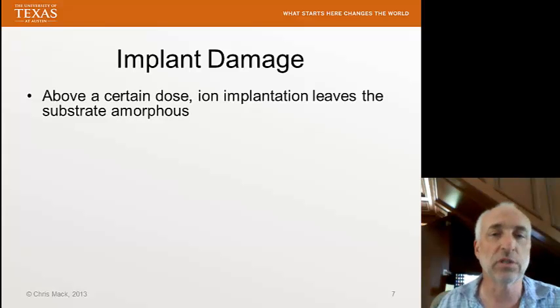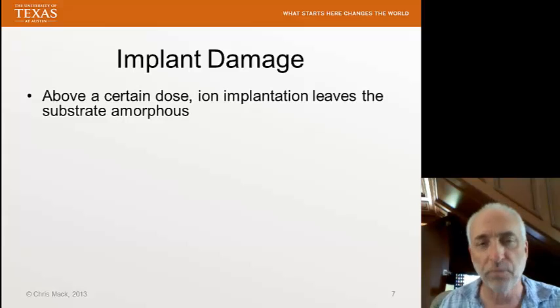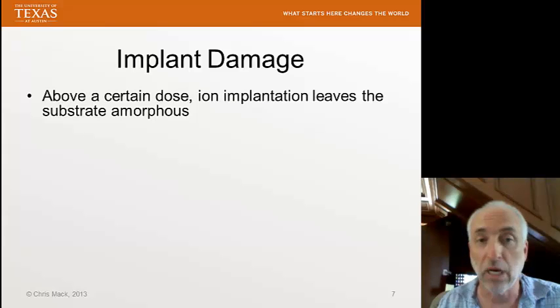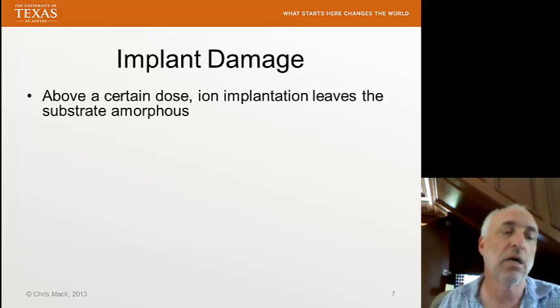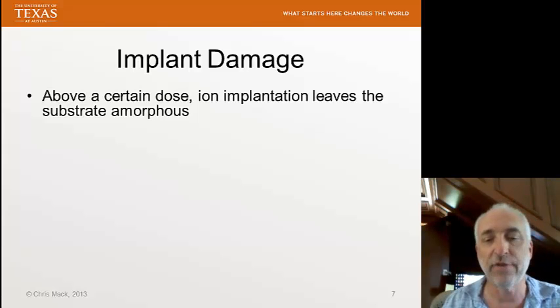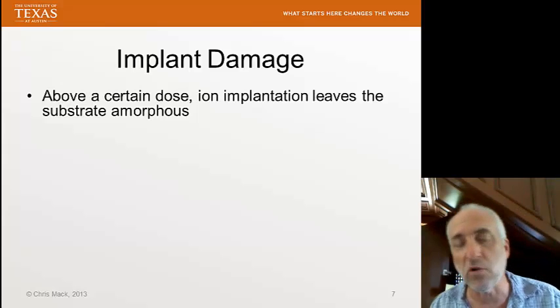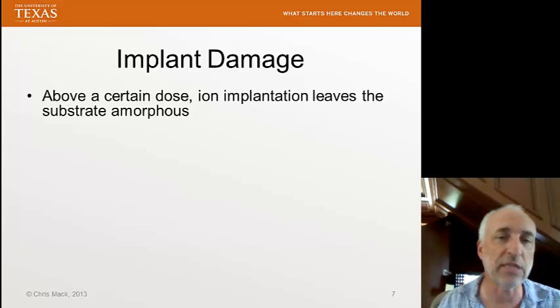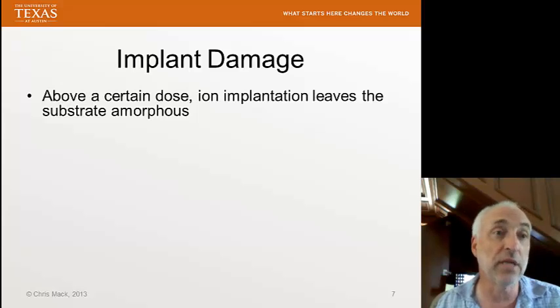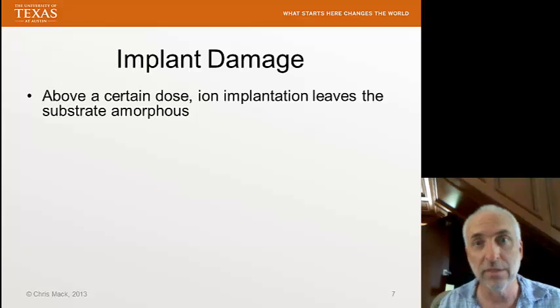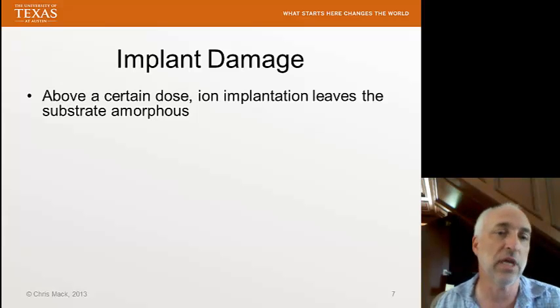Essentially, though, when a dose gets above a certain level, the result will be amorphous materials. For lower doses, we can have materials that are only partially amorphous. Some of the crystalline structure remains. It also depends on how heavy the ion is. Boron doesn't do as good a job of busting up the crystal structure as, say, antimony does.